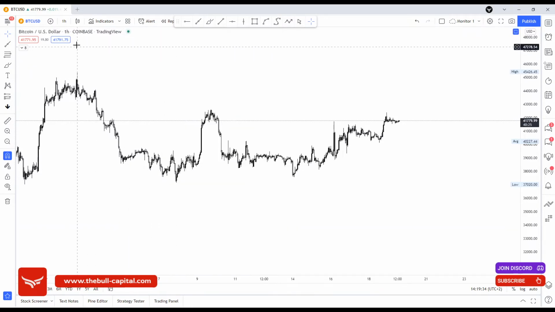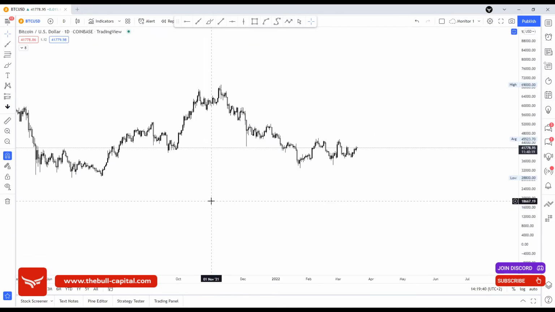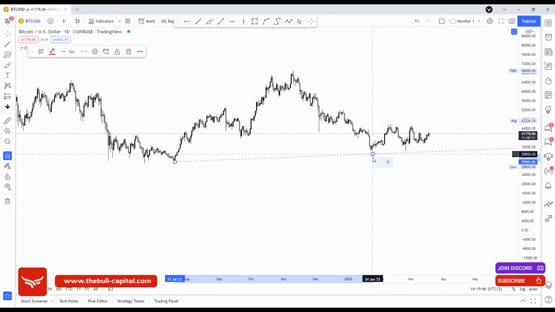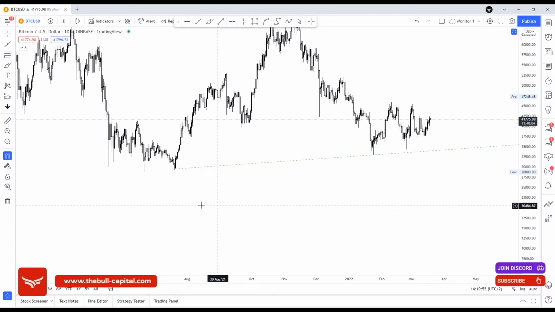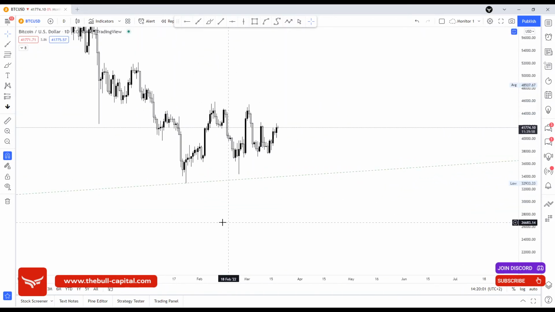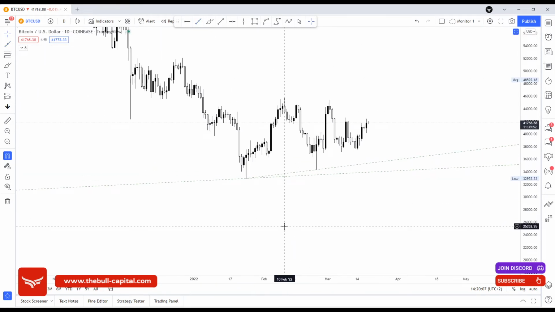So I'm gonna remove all these and let's go to daily. For example, this is an uptrend on the daily, and here, for example, it formed another uptrend. To form a trend you need at least 2 points, a starting point and a second point.